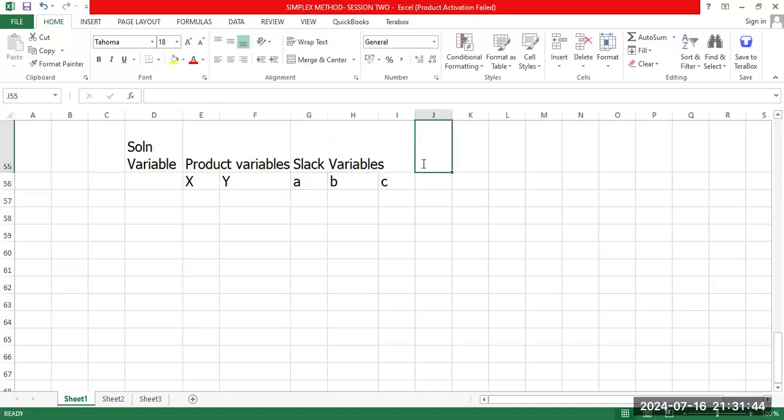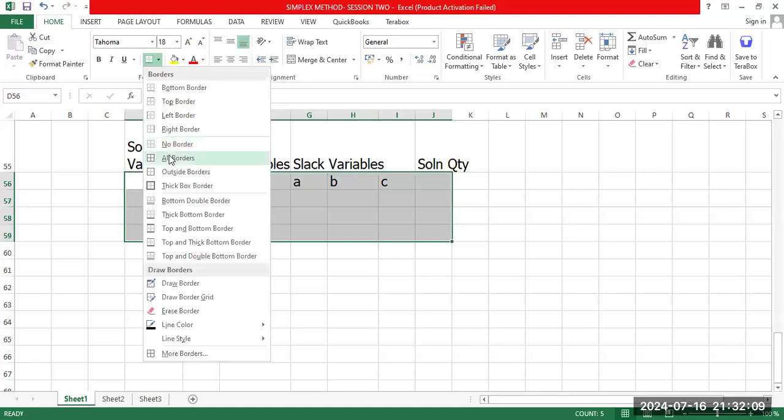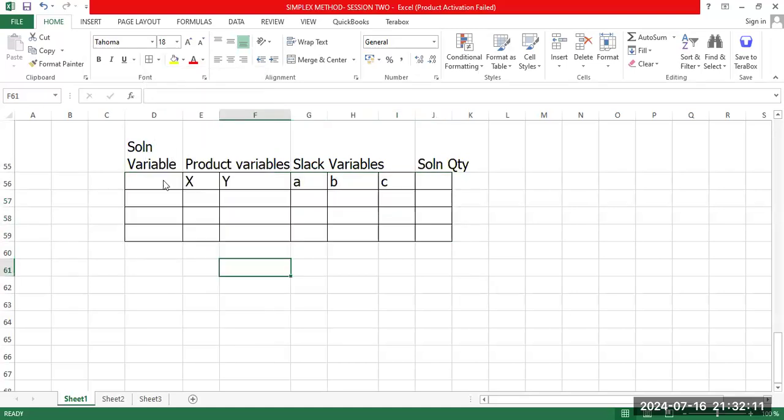Then the last column, here some people put a column for objective function, but that is wasting a lot of time. Just put solution quantity.